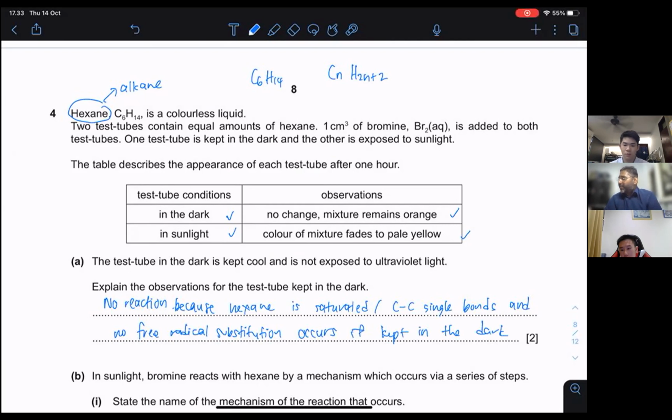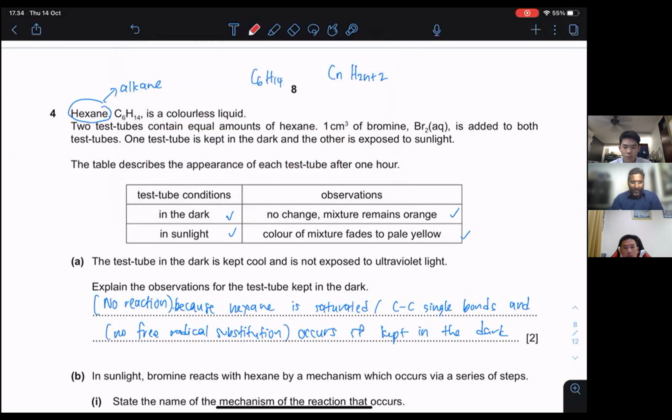They want me to say free radicals are not produced, or homolytic fission of bromine does not occur. An examiner might give me full marks, but it is better if you follow the marking key.